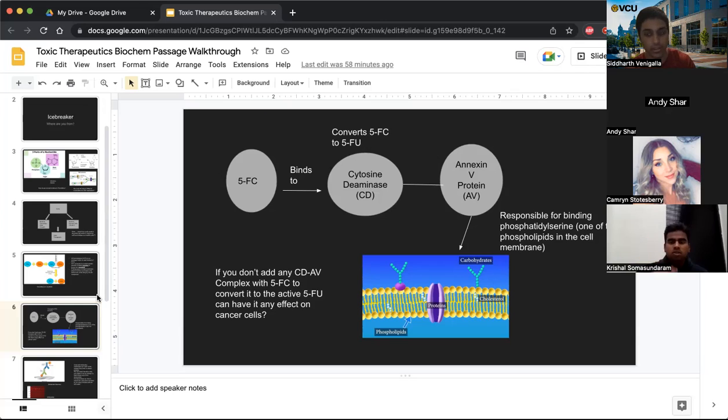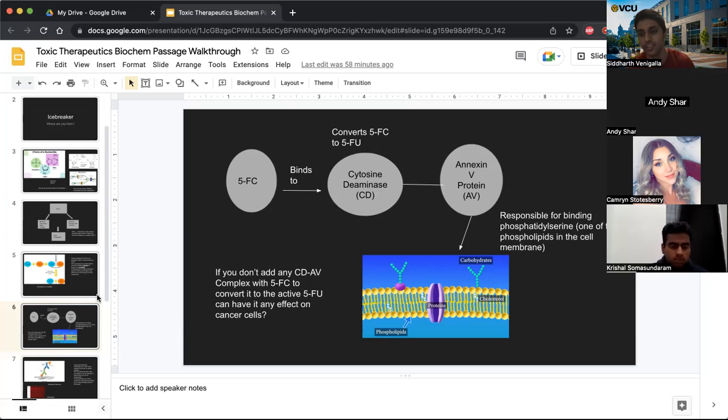Sid, I had a question. The CD-AV complex binds to the phospholipid bilayer. So how come 5-FC isn't converted to 5-FU when it's not attached to the phospholipid bilayer? I think it only gets converted after binding to the phospholipid membrane.